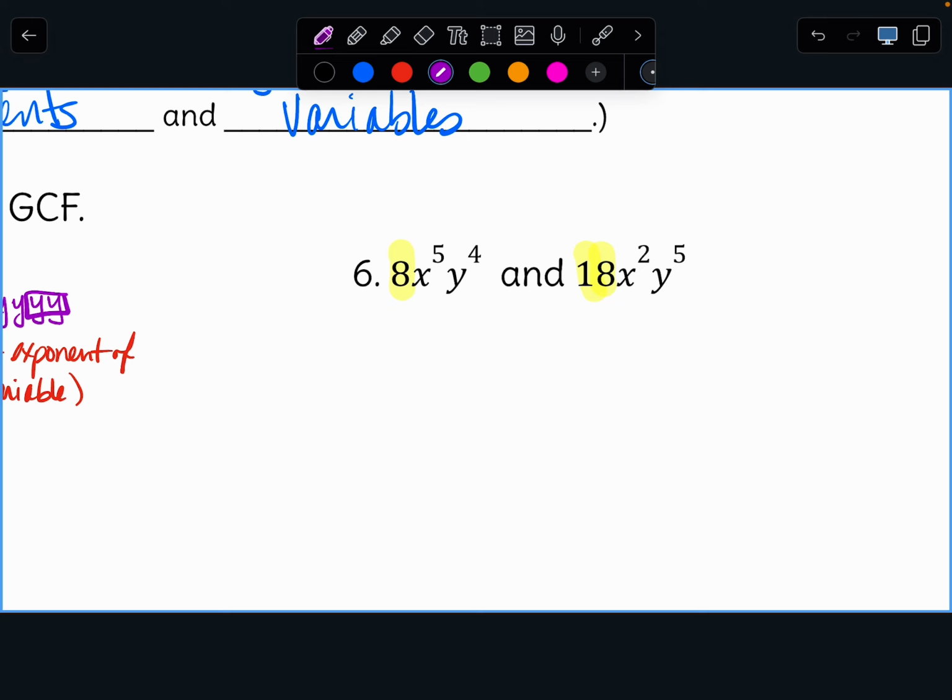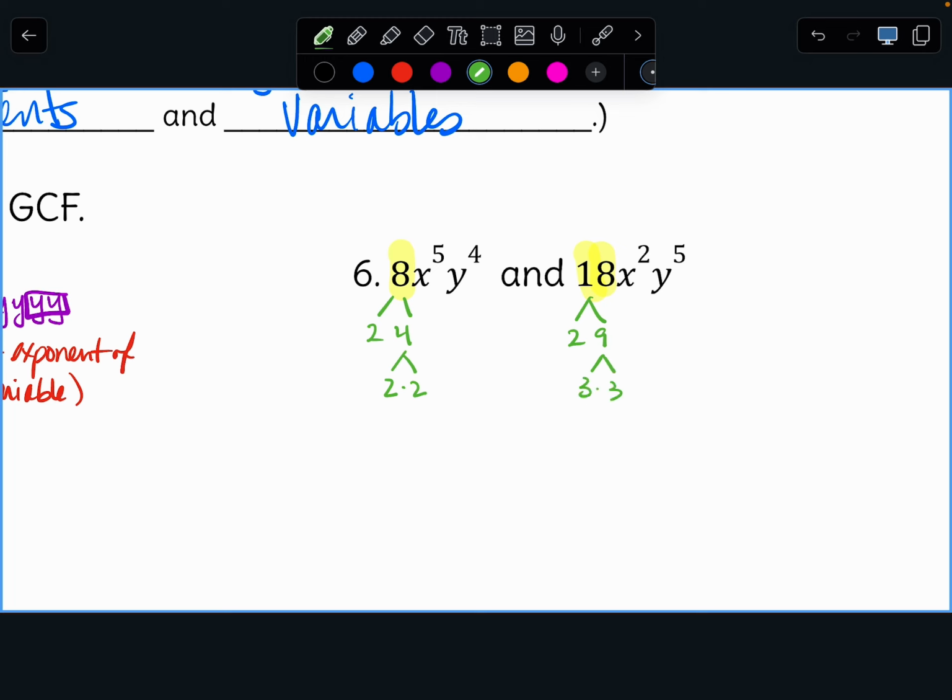We can use the blue card, or we can just look at it and say, I know that the factors of 8 are 2 and 4, and the factors of 18 are 2 and 9. Then I can break 4 down into 2 times 2, and I can break 9 down into 3 times 3.